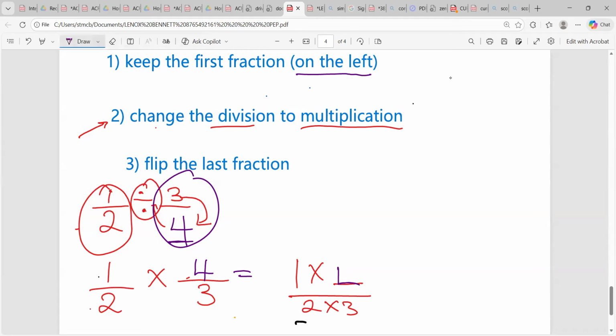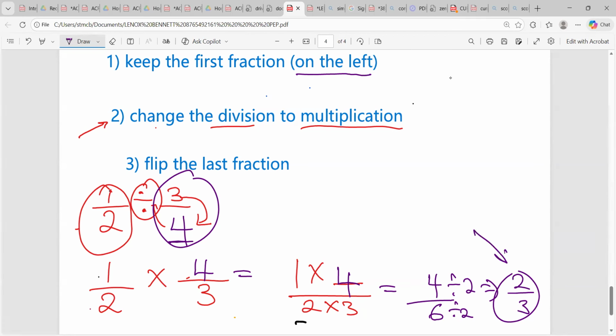So we have the 4 right here. 1 times 4 is 4 and 2 times 3 is 6. Then of course we divide by 2. So we get 2/3.